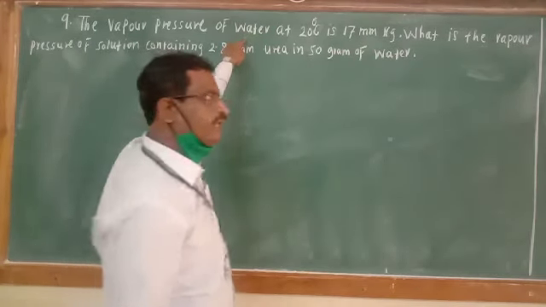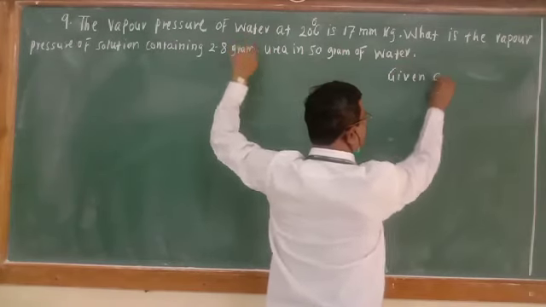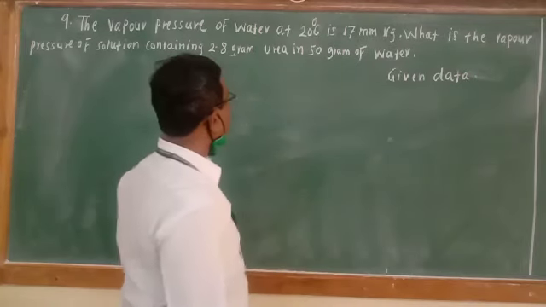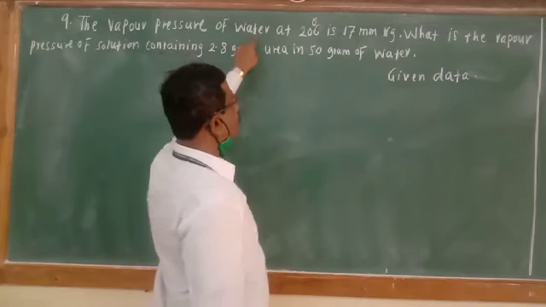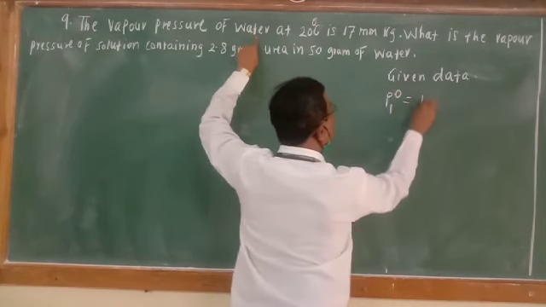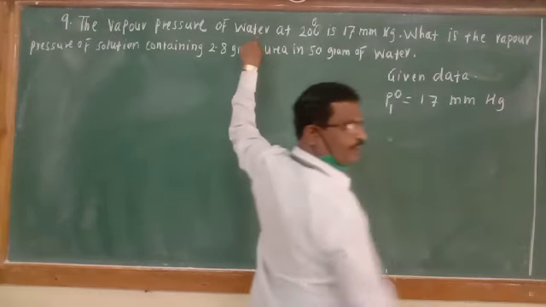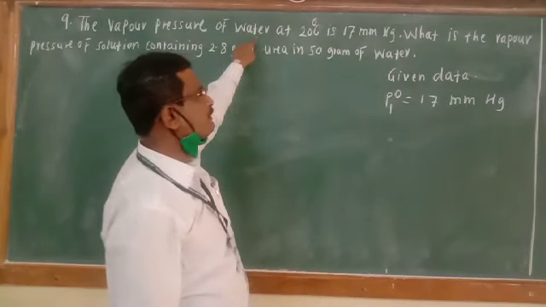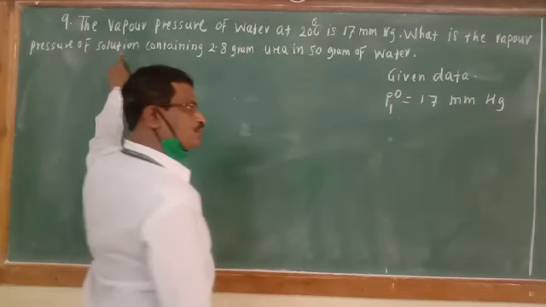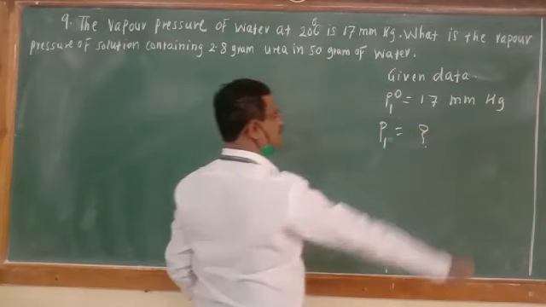While solving any problem, first of all we have to write the given data of the problem. So what is the given data over here? Vapor pressure of pure water, that is P1°, it is given as 17 millimeter of mercury. Now we have to calculate the vapor pressure of solution, meaning P1 we have to calculate.